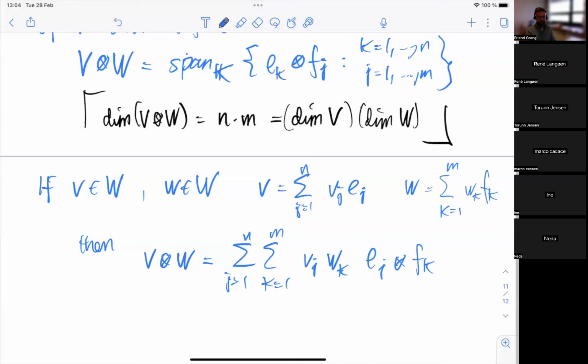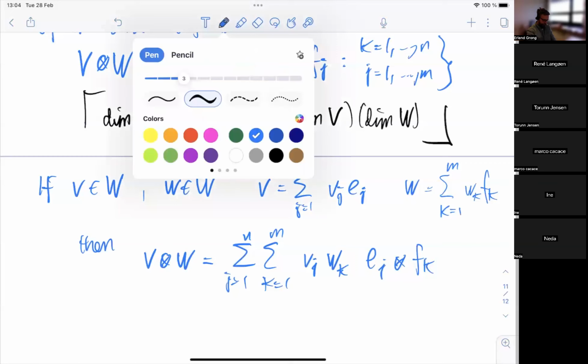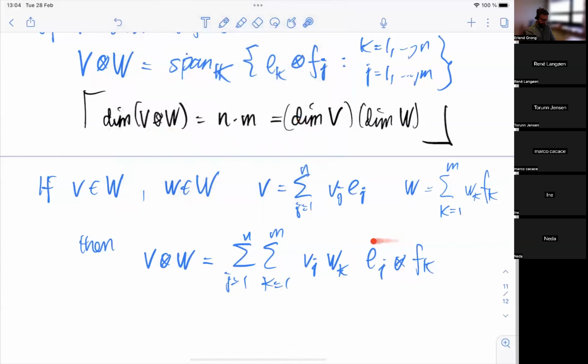So if I have arbitrary elements, I can define their tensor product as just being their expression in the spaces used, written out, and then each of the coefficients in pairs becomes sort of the elements here.